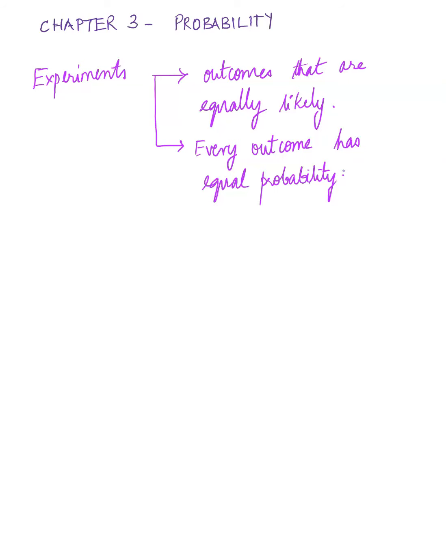All right, now we must remember that just because an event has a certain probability, it does not guarantee that it will happen. Okay? For example, let's say we flipped a coin 2 times.